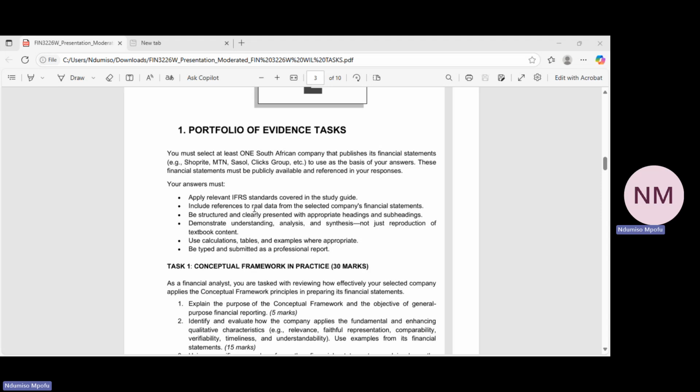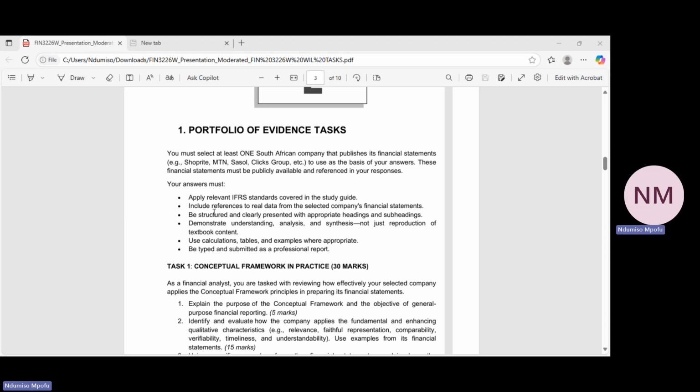That is academic writing. So you're expected to be able to write in an academic way to avoid plagiarism. So you research, you look for the information that is relevant, and then you write it using your own words. You put the source of the information. Where did you get that information from?